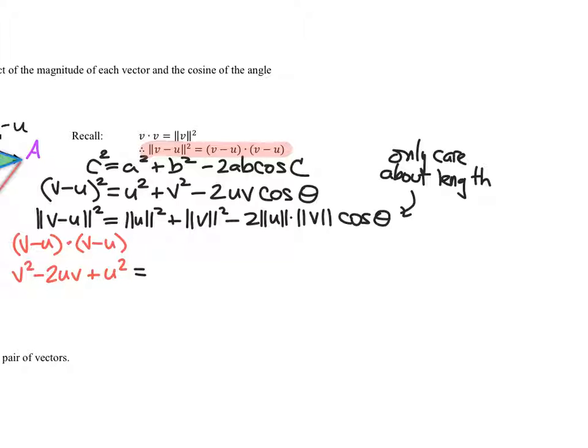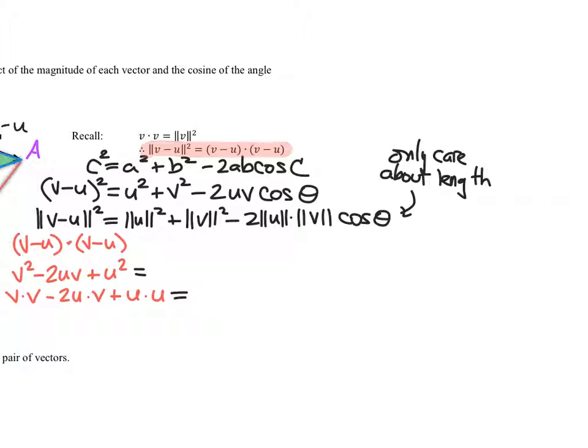Now these again are dot products, because I'm dotting the two parts together. So this is really the same as V dot V minus 2U dot V plus U dot U. Still equal to the right-hand side.